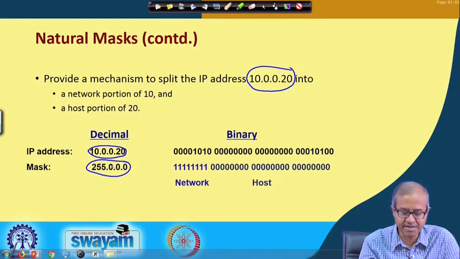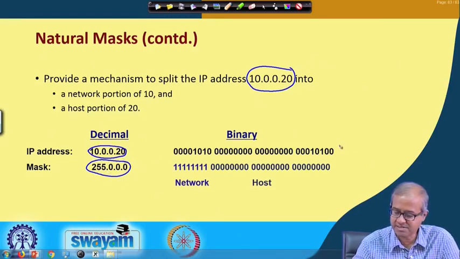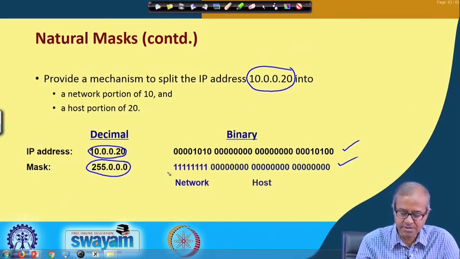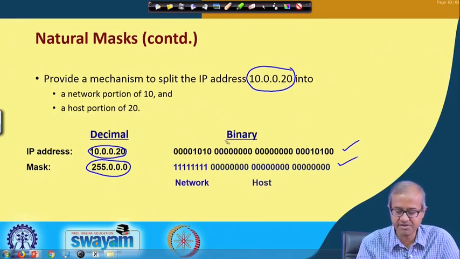If I write it in binary, 10.0.0.20 is this and 255.0.0.0 is this. Now, this mask actually tells you how many bits of the address we need to consider to know the network number.